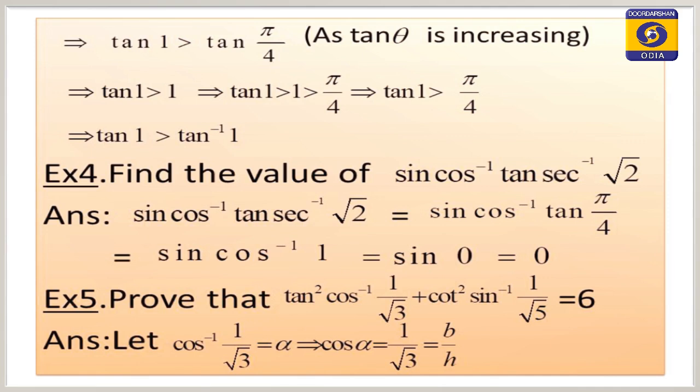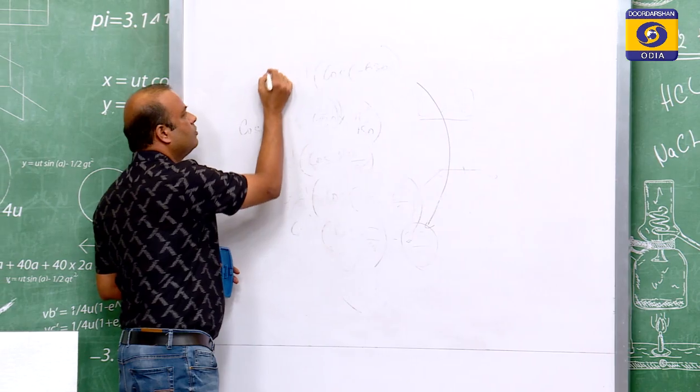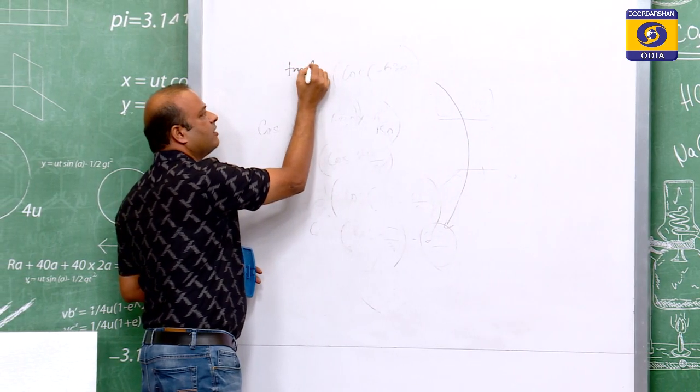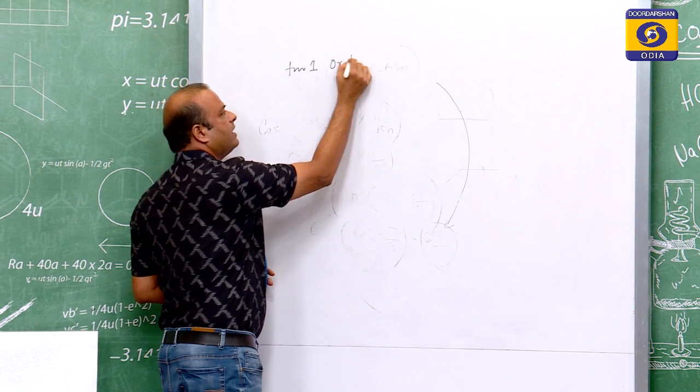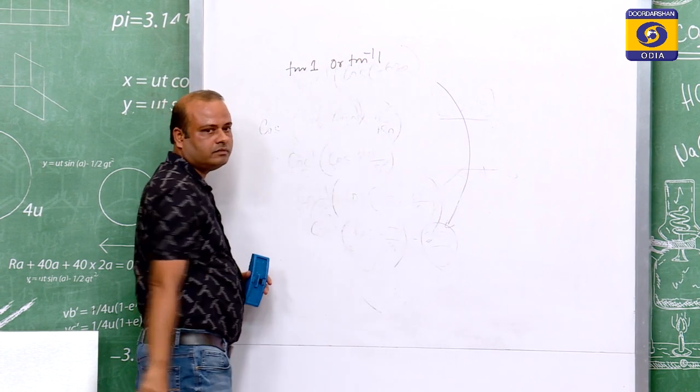You know 1 is greater than pi by 4 if you take the value of pi as 3.14. Now, 1 is greater than pi by 4. So, tan 1 is greater than tan pi by 4. So, the question is which is greater, tan 1 or tan inverse 1?